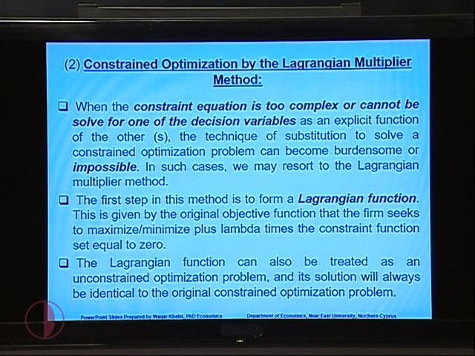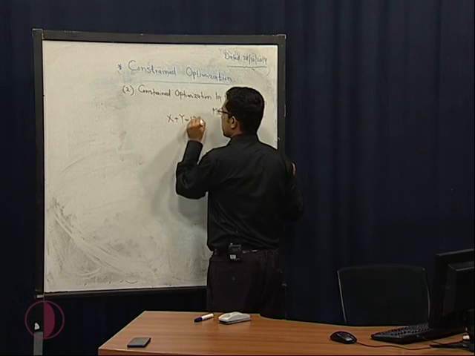When the constraint equation is too complex, for example, in the last case the constraint equation was x plus y equals 12.